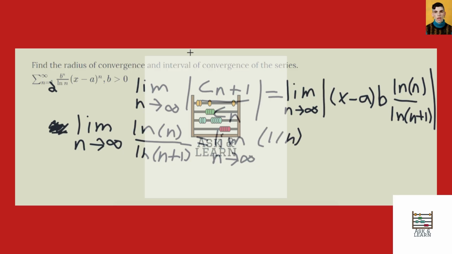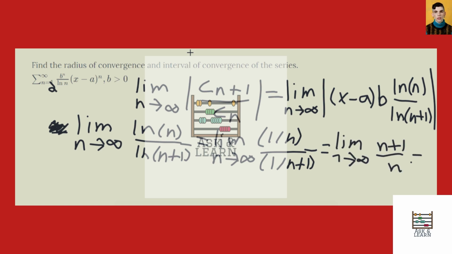So the derivative of natural log of n is 1 over n. The derivative of natural log of n plus 1 is 1 over n plus 1. So this is the limit as n goes to infinity of n plus 1 over n, which is just 1. So now this whole thing just turns out to be the absolute value of x minus a times b, and we're trying to figure out when this is less than 1.